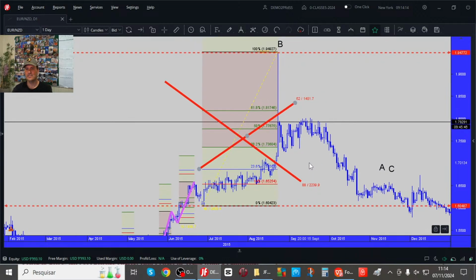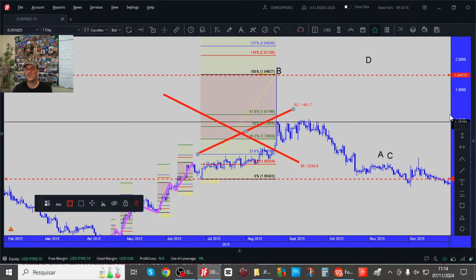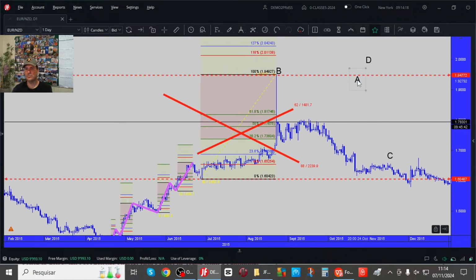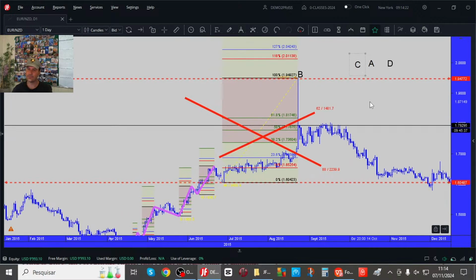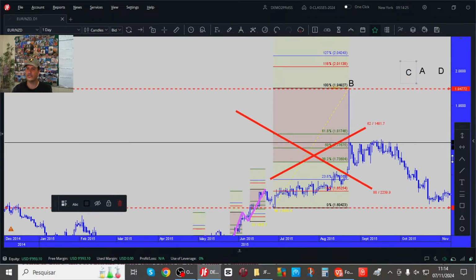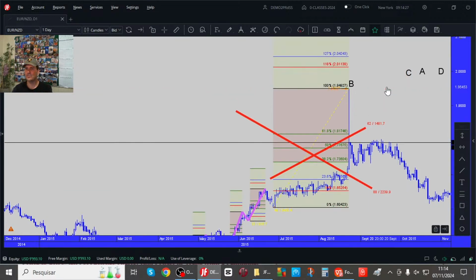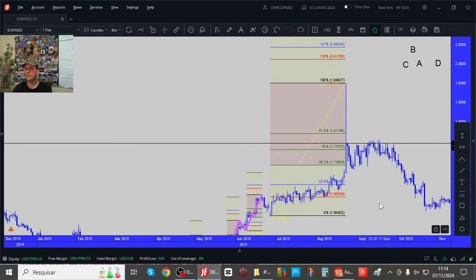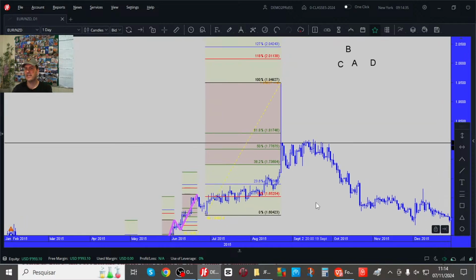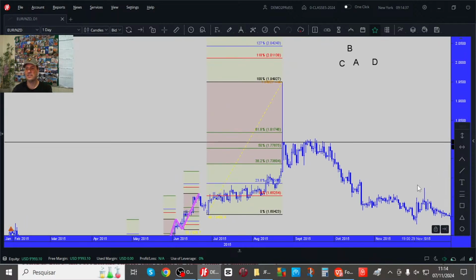Okay, so now we need to reverse or flip the Fibonacci. As Alexander is saying, I'm going to delete this one, I'm going to delete this one. Okay, I'm going to delete this one too. Now, where would you start your A to go down, everybody?